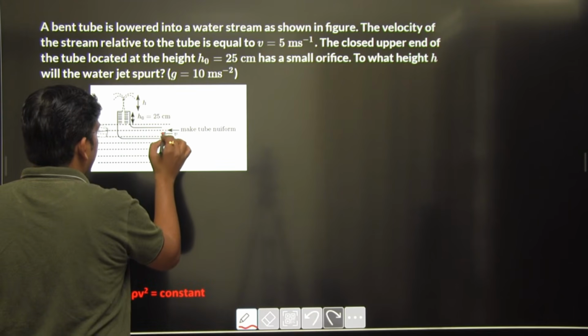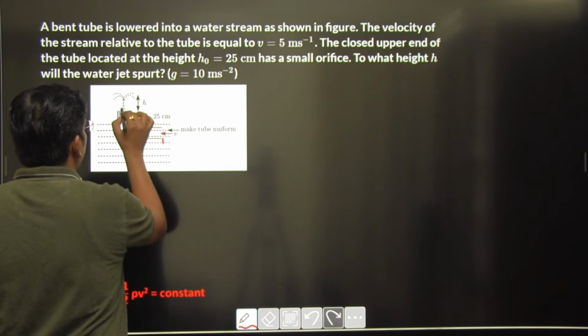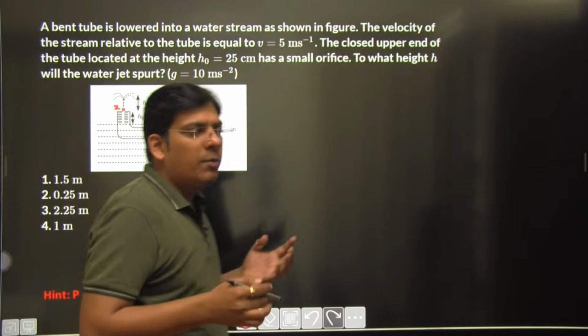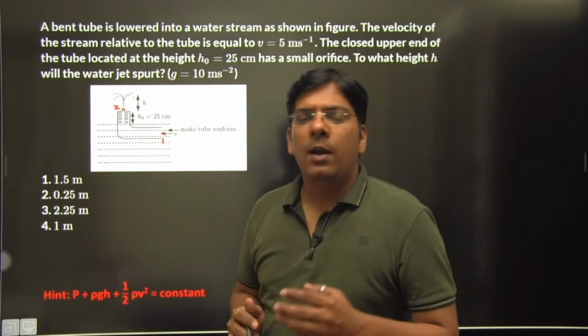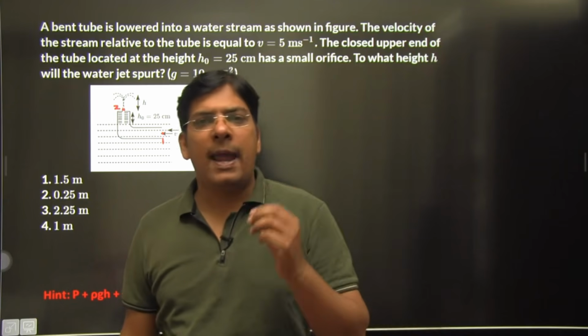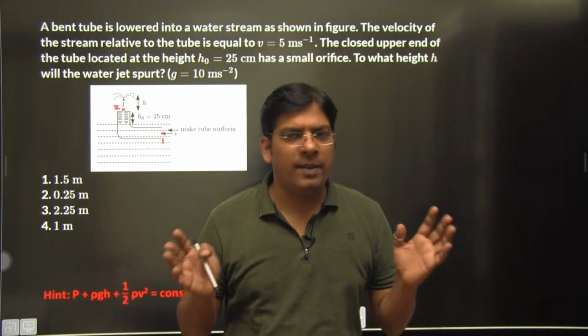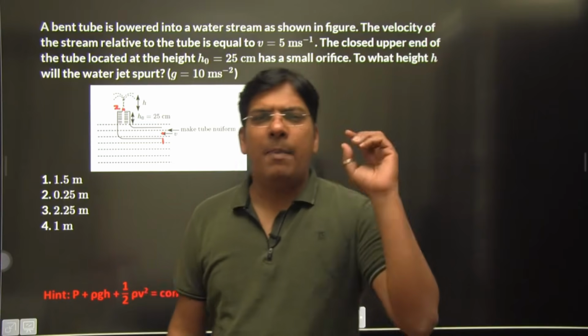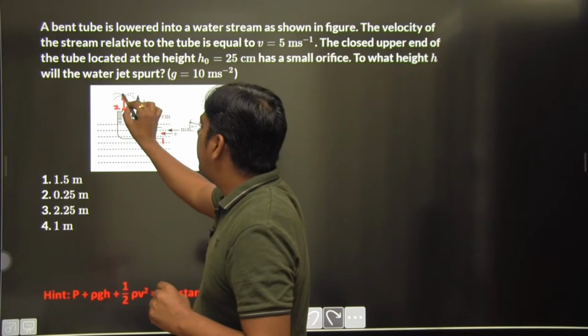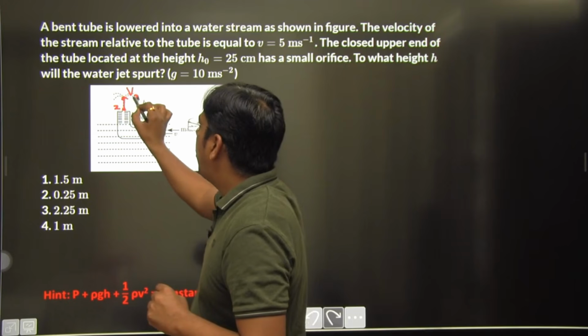Let this be point 1, and just outside, let this be point 2. Bernoulli's theorem says that the sum of pressure plus potential energy per unit volume and kinetic energy per unit volume always remains constant. By applying it, I'll calculate the velocity with which the liquid emerges out from end 2.